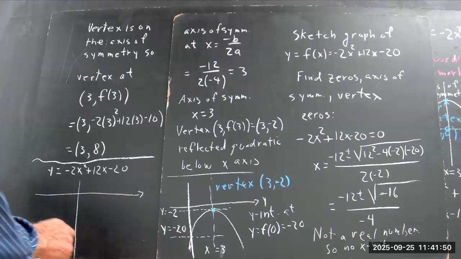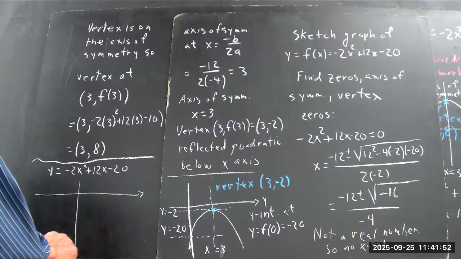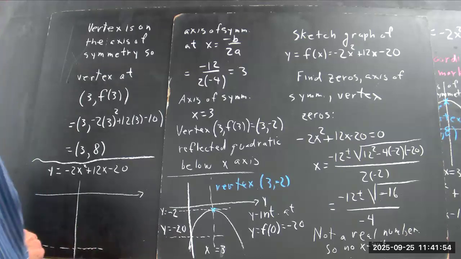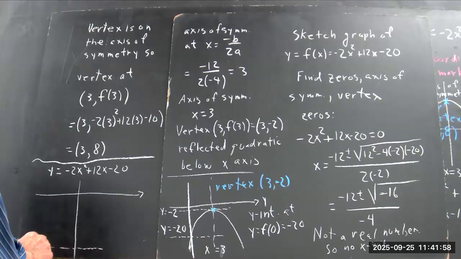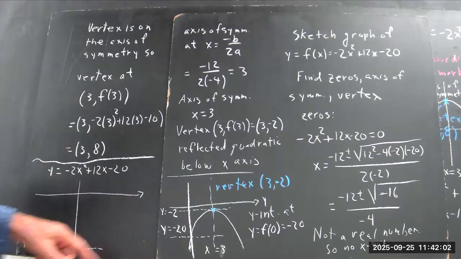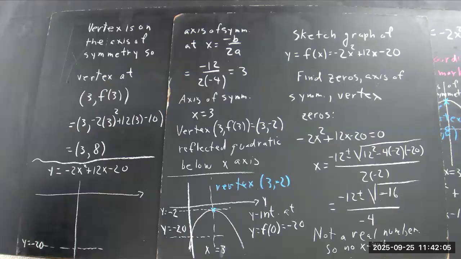And I'm going to put this information, y equals -20, on the horizontal line here.